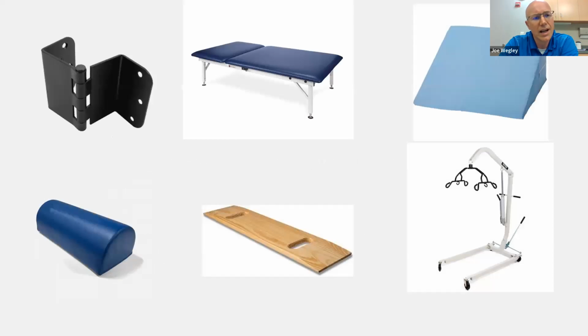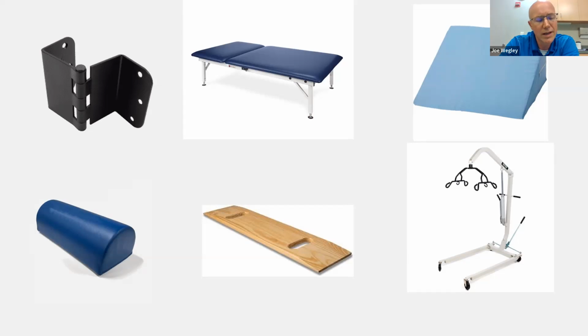So here is a slide of a variety of pictures. In the upper left-hand corner is the offset hinge. In the center on the top is an example of a high-low mat table with an adjustable head support. On the upper right-hand corner is just a traditional vinyl wedge that we would use to help the patient sit up when being examined.